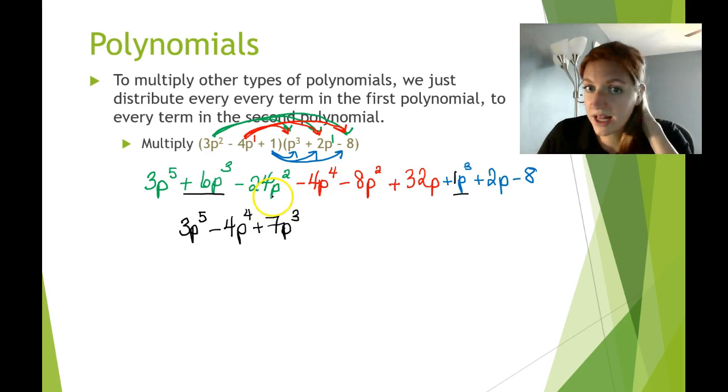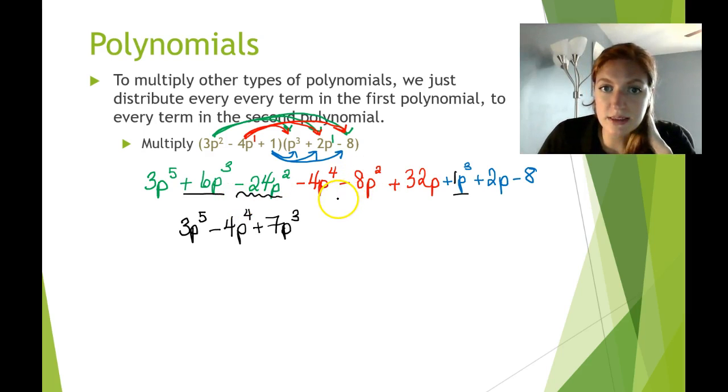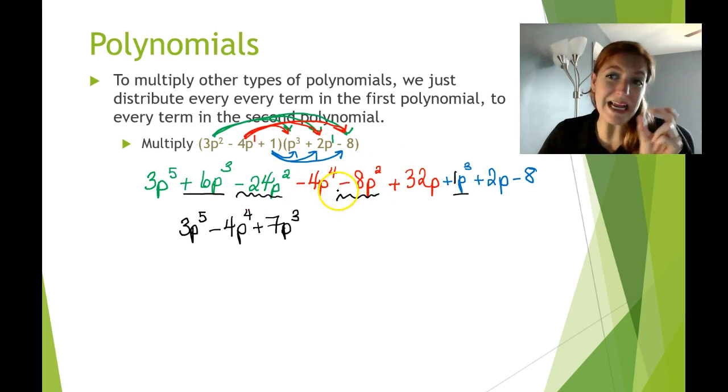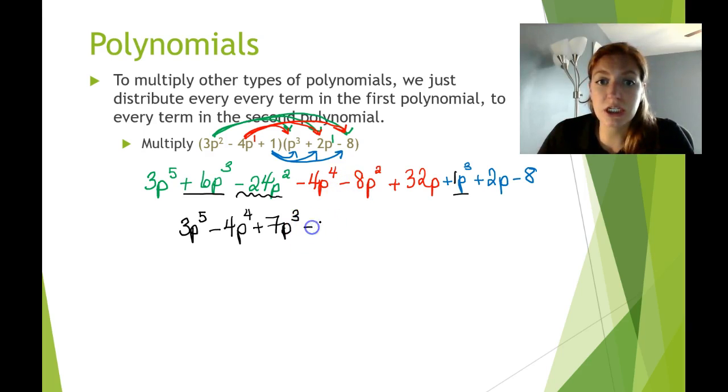Okay, and then let's do p squared next. I think those are all of the p squared. So it's negative 24p squared, negative 8p squared. Since they're both negative and we're combining them, it's going to be a larger negative. So negative 32p squared.